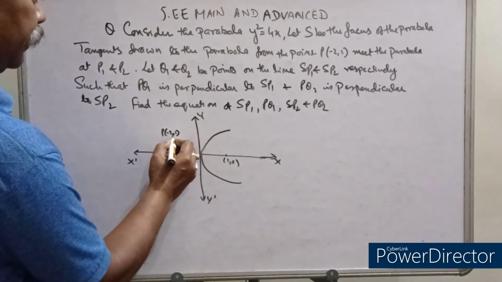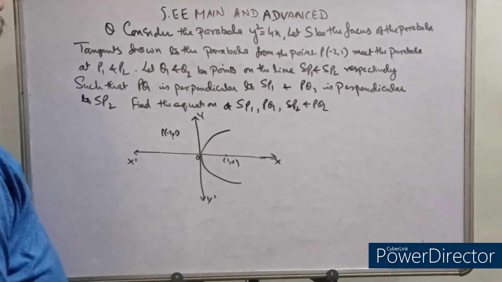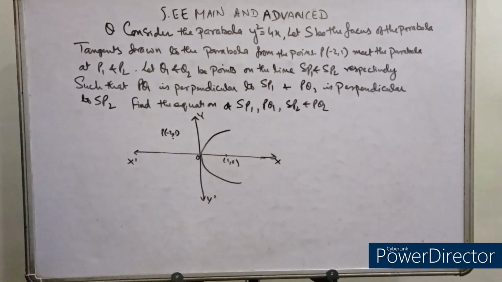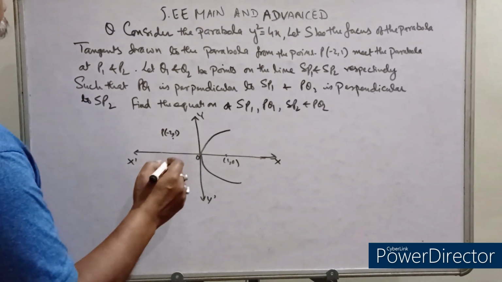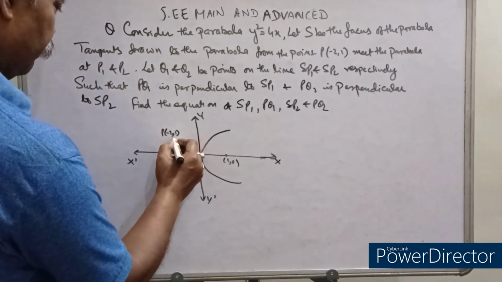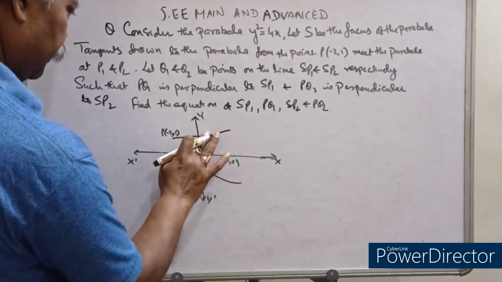From this point P, tangents drawn to the parabola meet the parabola at P1 and P2. It is a straight line.